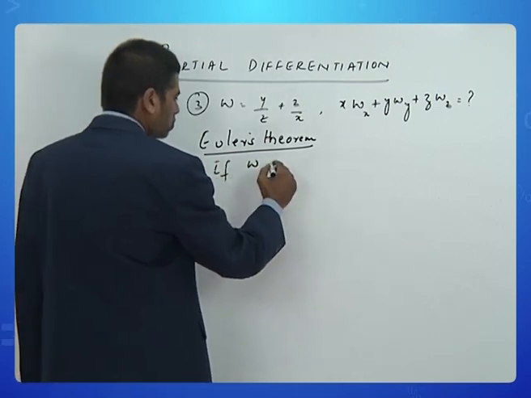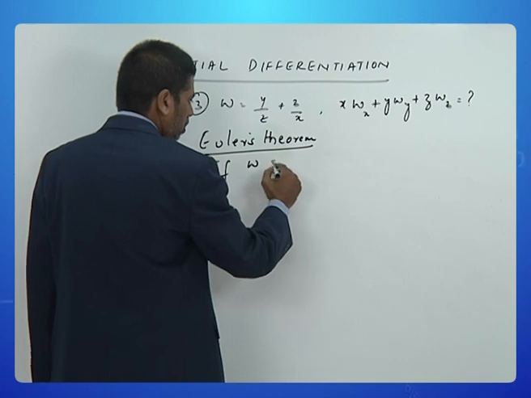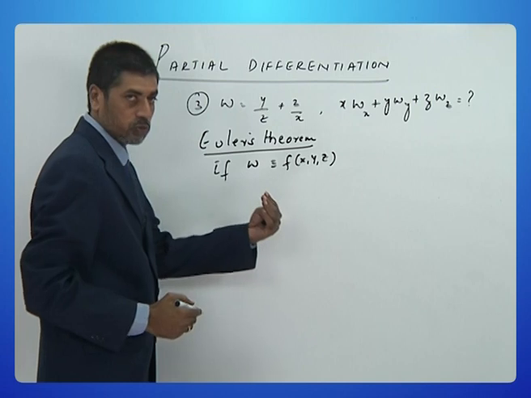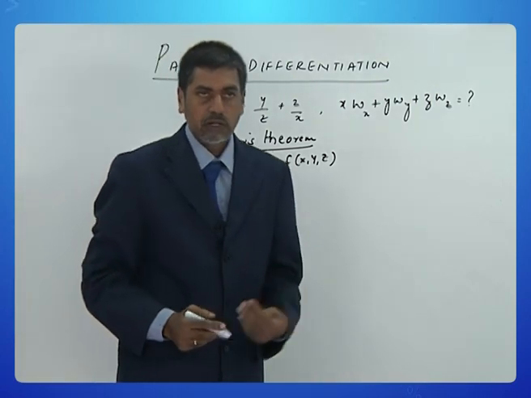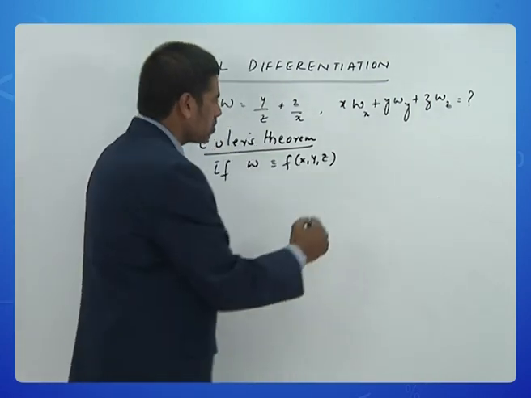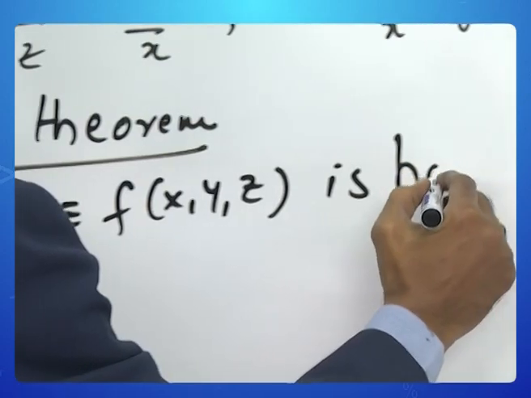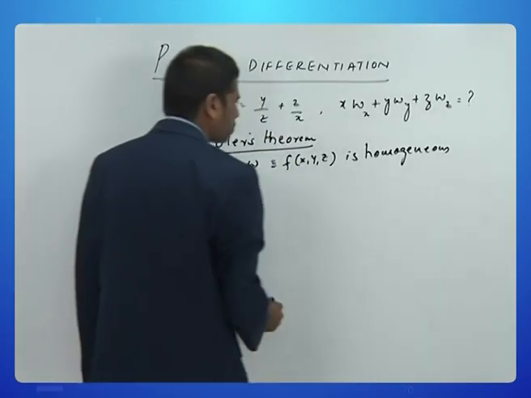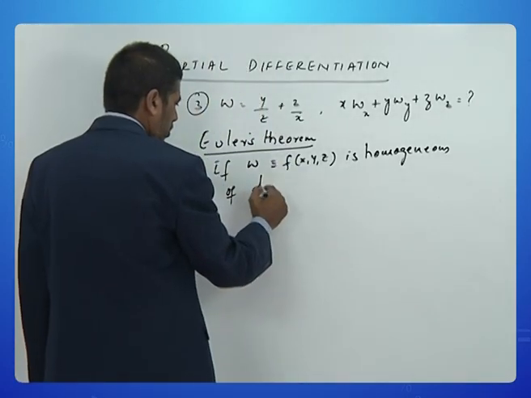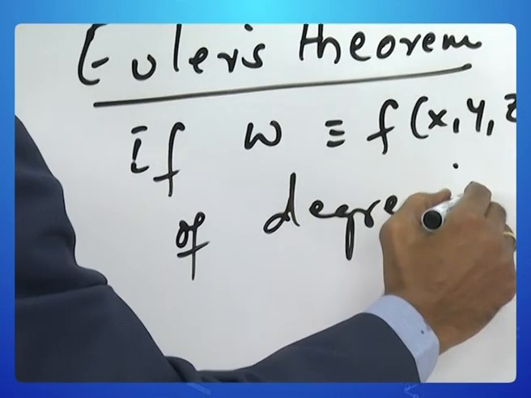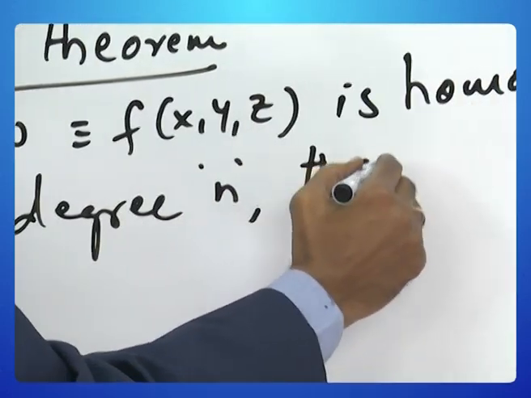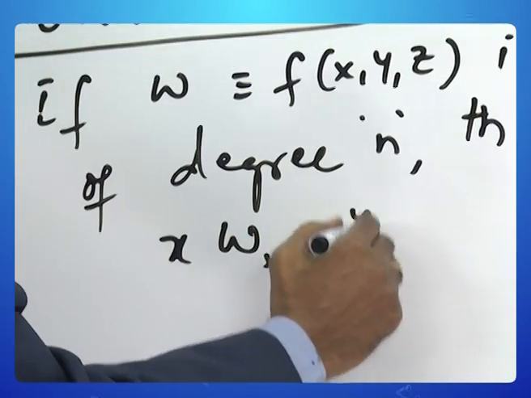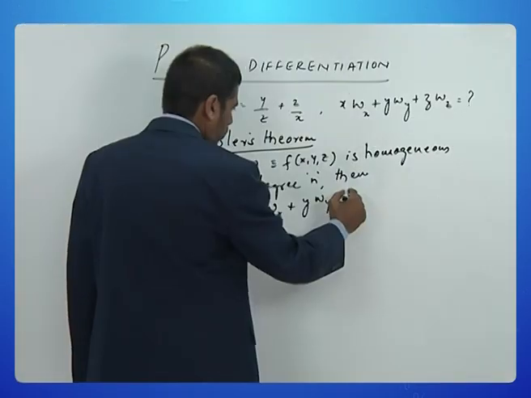If w, let us say a function of x, y, z, is homogeneous of degree n, then x wx plus y wy plus z wz is equal to n times w.